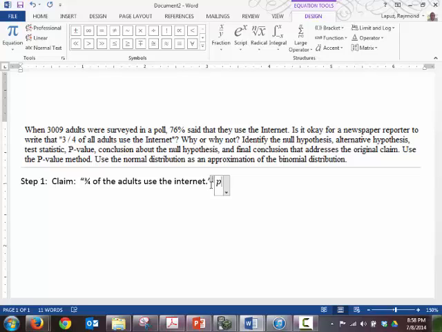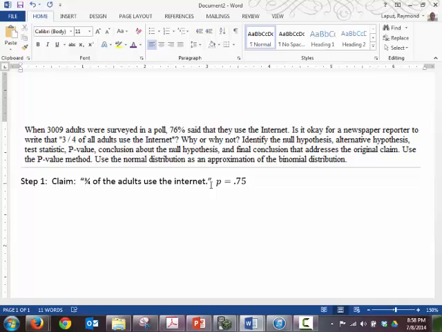So it's a proportion, and we want this to be some symbol comparing a number. So what's a symbol and what's a number? So p equals 0.75. You can use a fraction too if you want. You can use 3/4. So this is our claim. Is that cool?